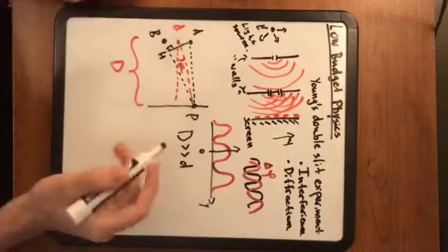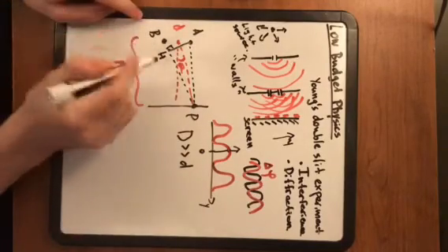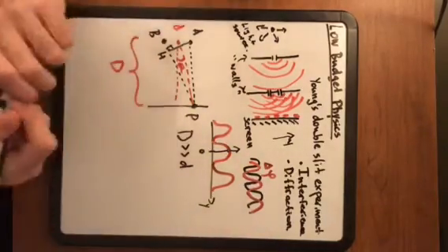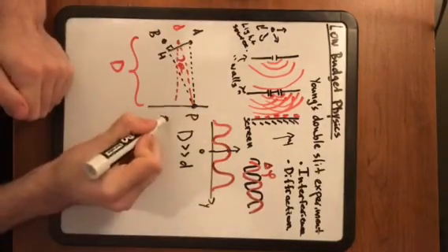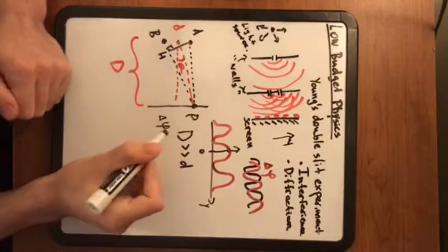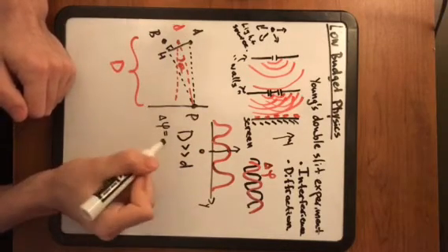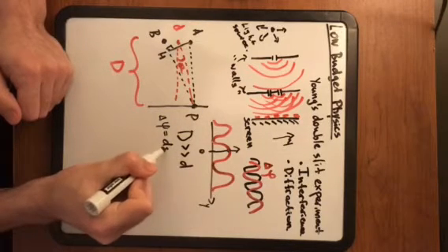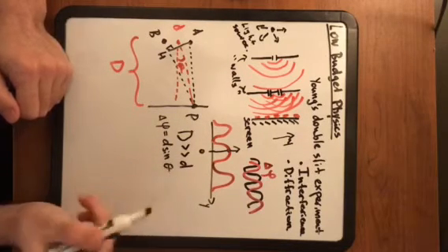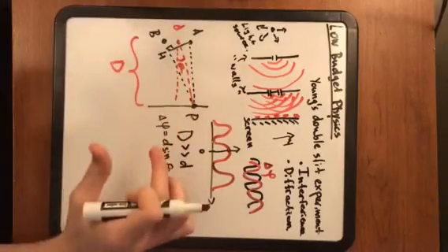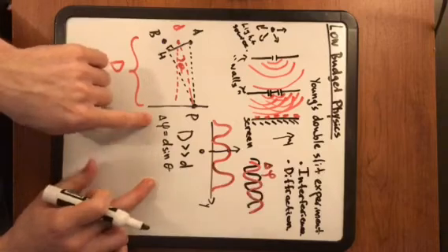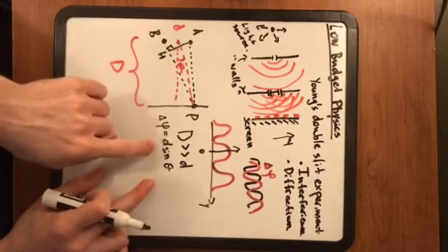So the path difference is the distance from B to H. And so this path difference BH is going to equal d sine theta. You will need to do some geometry here, but if you approximate all the angles, you'll get that the path difference is d sine theta.